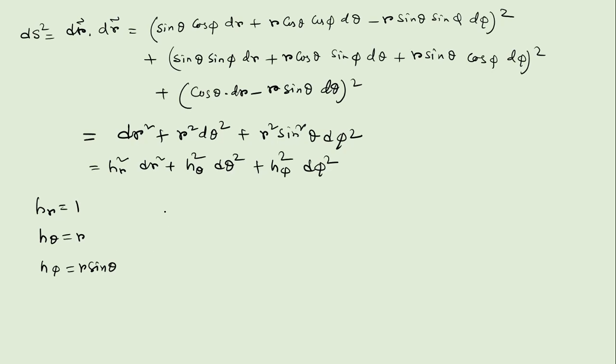After getting the scaling factor, the elementary area d1 will be nothing but h r dr h theta d theta. So just put the values of r and theta, you will get r dr d theta.